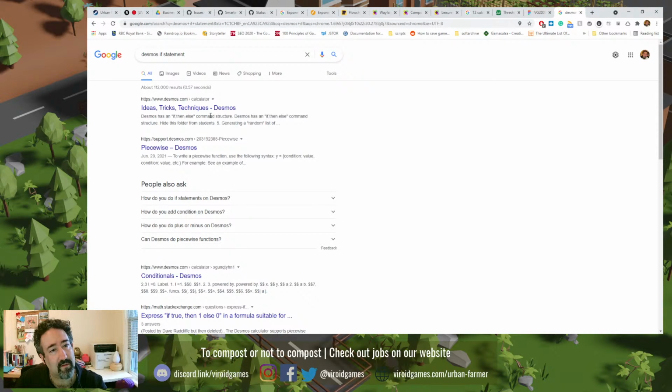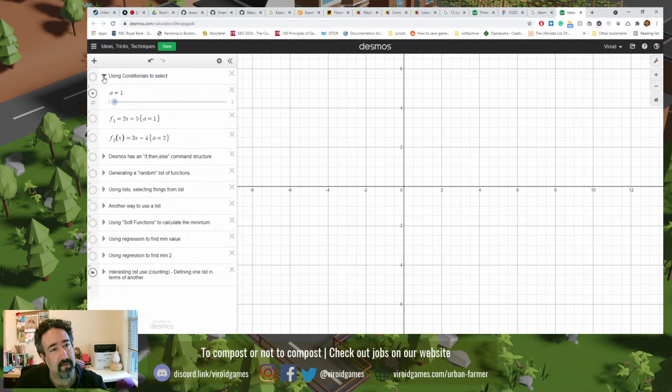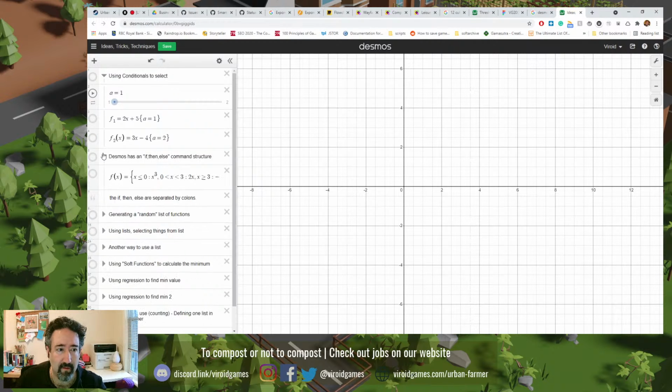If then else has command structures. Using conditionals is one. I suppose I could have it as a boolean. R equals 0 or 1. 0 is not raining. The if then else are separated by colon.